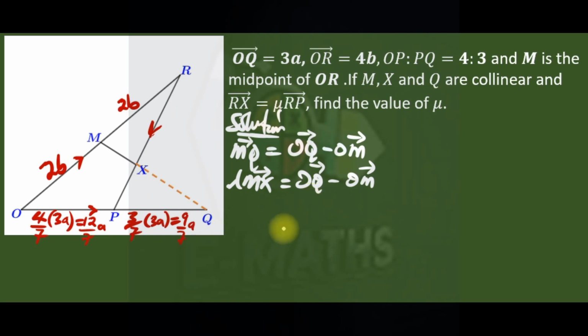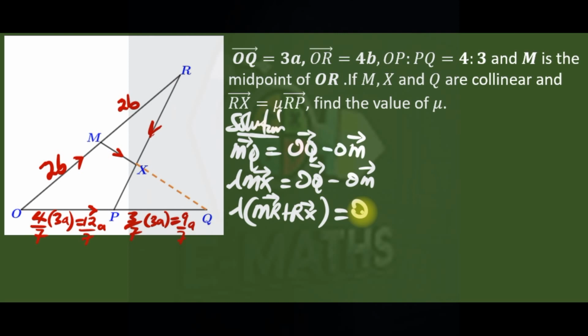So we'll continue. From here, we can bring in MX. As you can see, MX is MR plus RX. So meaning we can write MX as MR plus RX from the diagram, is equal to OQ minus OM.